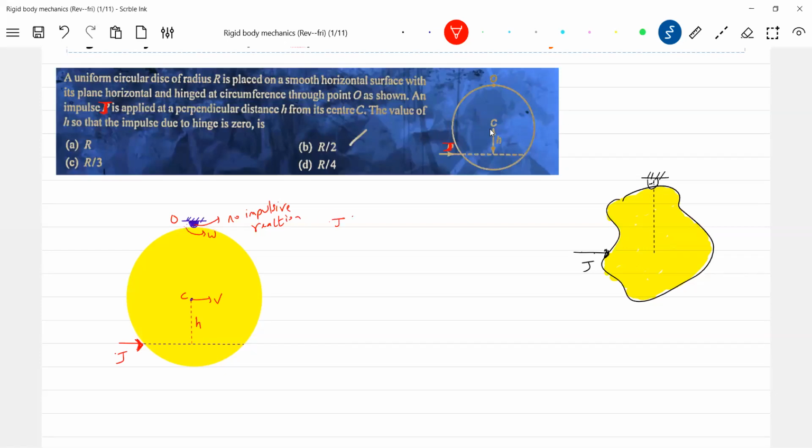J into (H plus R) equals L_oz initial equals L_oz final.